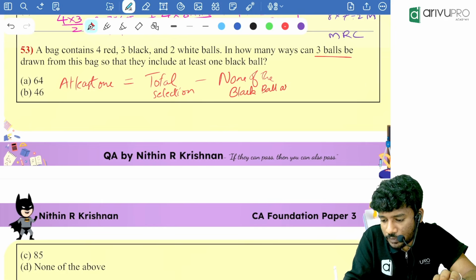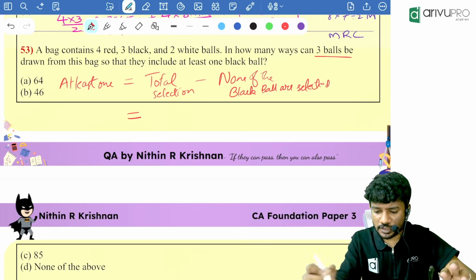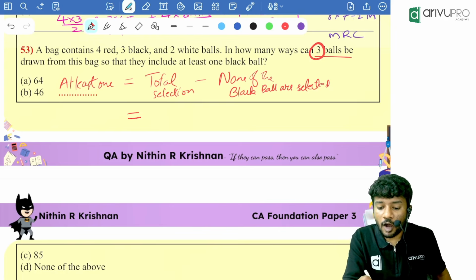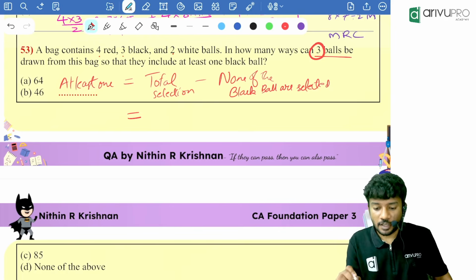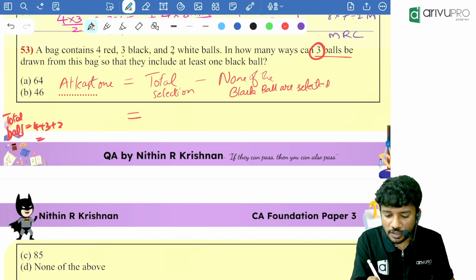Now people, you tell me about total selection. How many balls do I want to choose? 3 balls. From how many? In total, how many balls are there? 4 plus 3 plus 2, how much is it? 9.